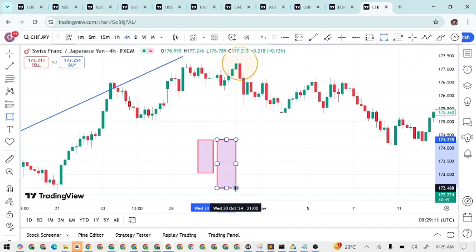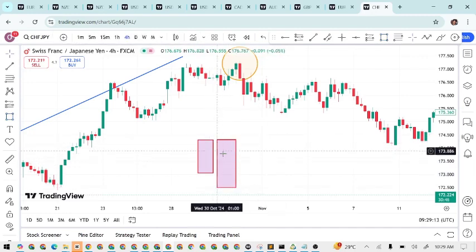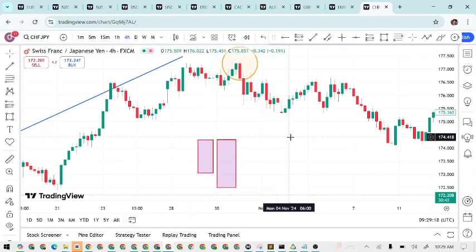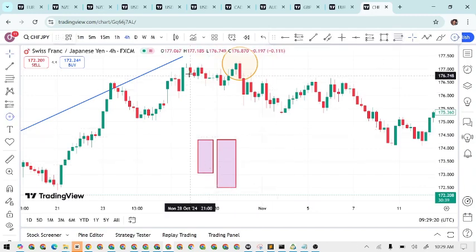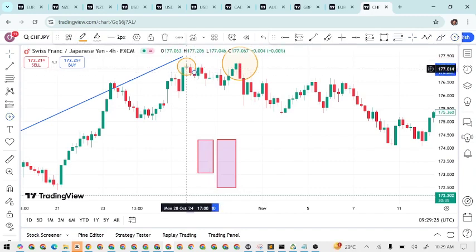This level here is a perfect example of the kind of engulfing candle that I'm looking for. Something like this is not ideal for me. Rather, this here is the kind of engulfing candle that I'm looking out for.